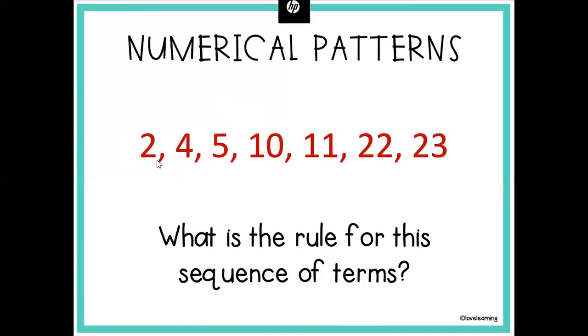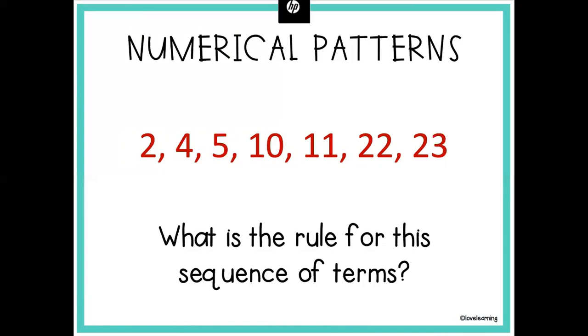I see that 2 times 2 equals 4. So maybe it's multiplied by 2. 2 times 4? No, that can't be. So this one is tricky because, like I said earlier, sometimes it's a combination of multiple operations.